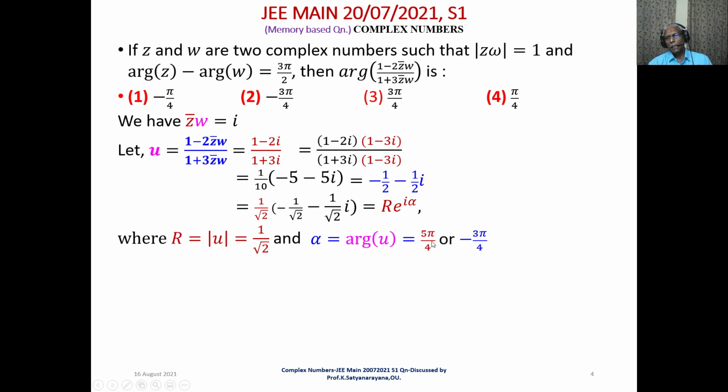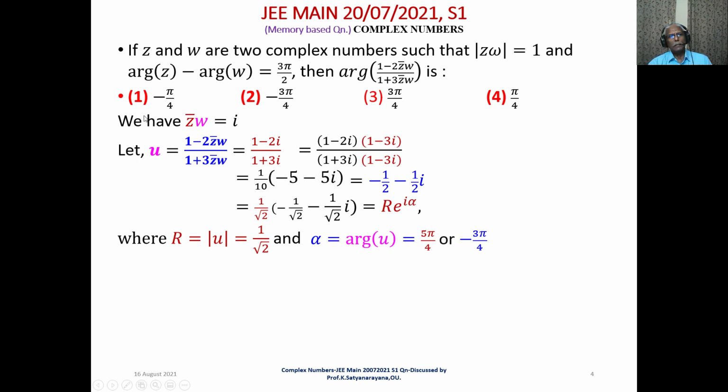Why is it 5π/4? Because minus 1 by root 2 minus 1 by root 2 i lies in the third quadrant. In the third quadrant, therefore, the argument must be 5π/4. But 5π/4 is also the same as minus 3π/4.